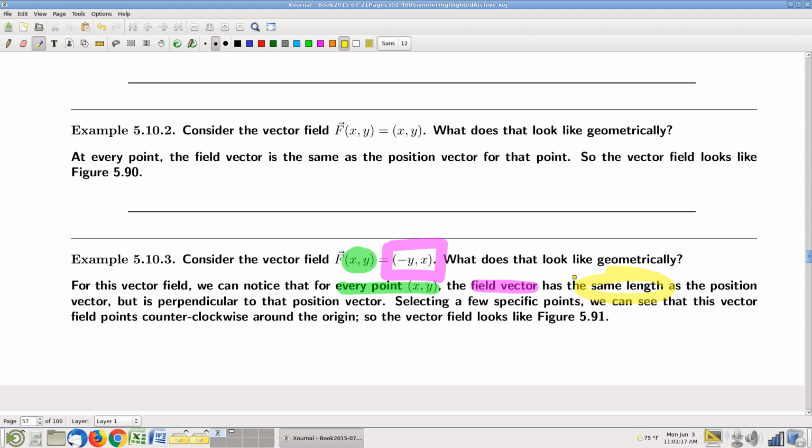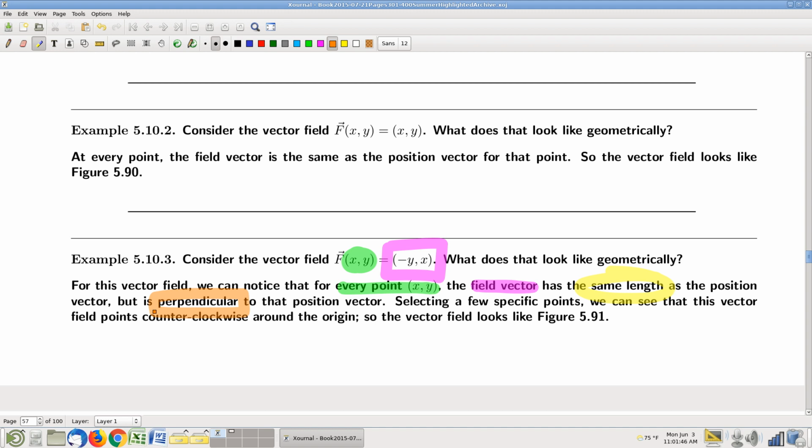The field vector has magnitude square root of x squared plus y squared, after you square out that minus sign and move the terms around a little bit. So that's an interesting thing. And furthermore, notice also they are perpendicular. So that tells you a tremendous amount of geometric information for this peculiar little example here.